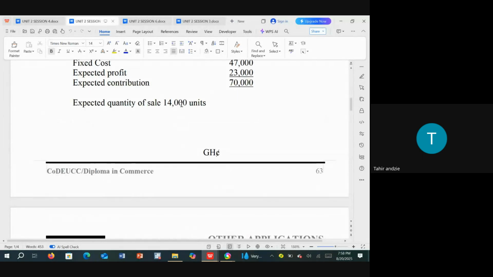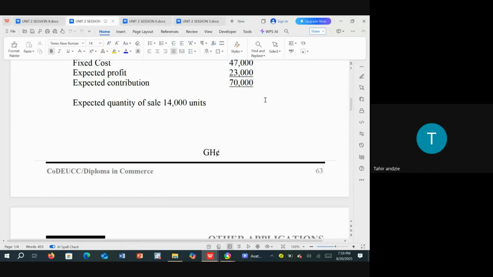If the profit is 123, and the fixed cost is 47, then our contribution becomes 70. Now our variable cost per unit is 15. So 15 times the 14,000 will give us the total variable cost. When we add the total variable cost to our contribution, it should give us our sales revenue.